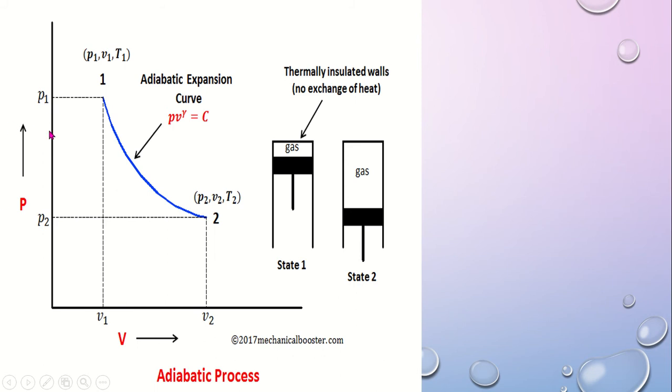Here also pressure is inversely proportional to volume, but by calculating the change of pressure and volume, Boyle got the formula PV to the power gamma equal to constant. That means pressure into volume to the power gamma. Here gamma is what? As I explained in the previous content, gamma is the ratio of Cp and Cv.